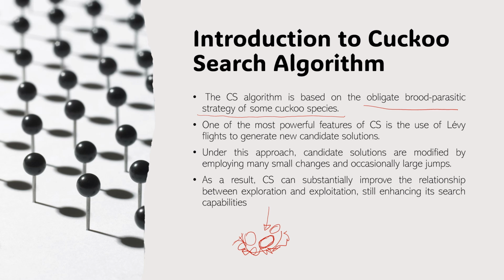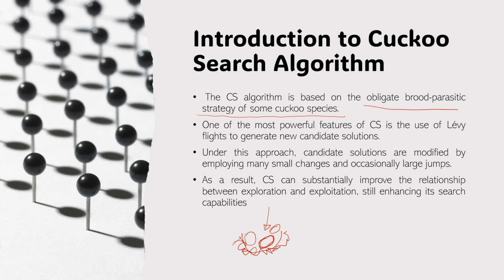So the eggs of the cuckoo are often adapted based on the species in whose nest it is trying to lay its egg. Also, the eggs of the cuckoo species hatch earlier than those of the host species.